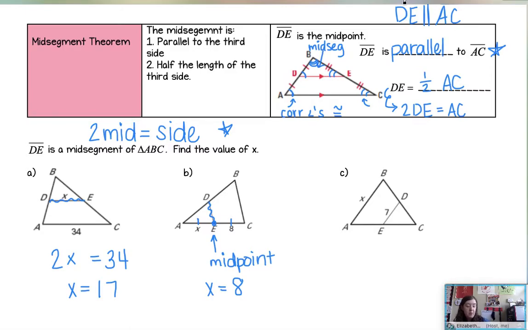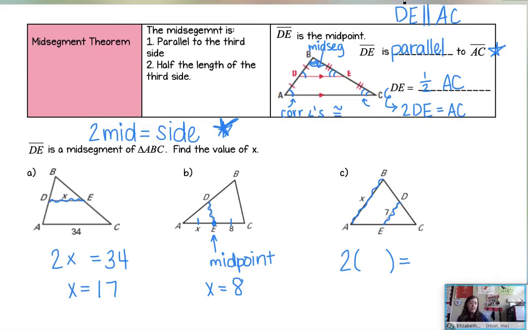Okay, in this last one, DE, that is my mid-segment. And AB is my third side. So I do have to use that formula that I have right here, right? That 2 times the mid-segment equals the side.